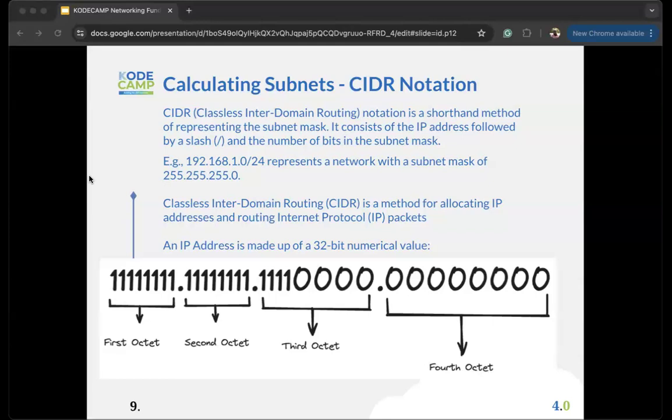This is when working with IP version 4. This 32-bit numerical value is broken into sections of 8, which is an octet. So you have your first octet, your second octet, your third octet, and your fourth octet. If you convert each of these octets into their decimal values, you would get your IP address, right?